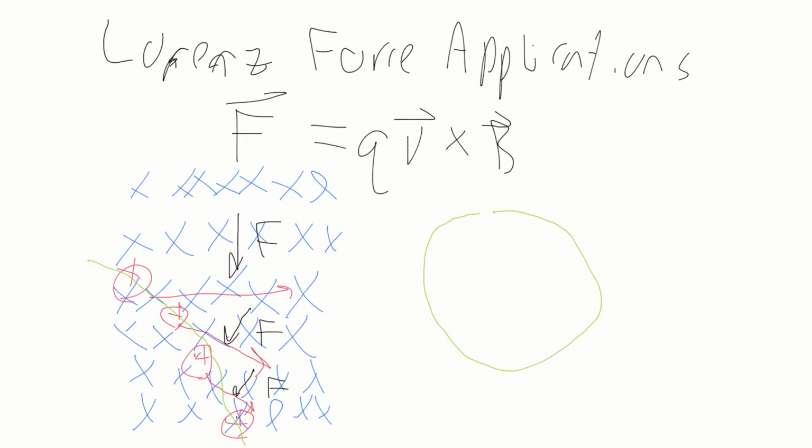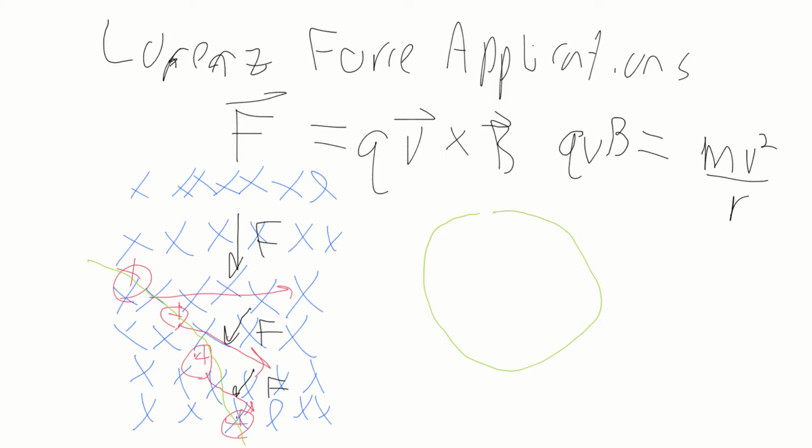Now, how do we determine some things about that is the next question. Well, it's a centripetal force. So what that means for us is that, and I'm just going to use the magnitude of it, QVB. Notice I'm not using the sine of theta because we already know they're perpendicular. Equals mv squared over r, a centripetal force.